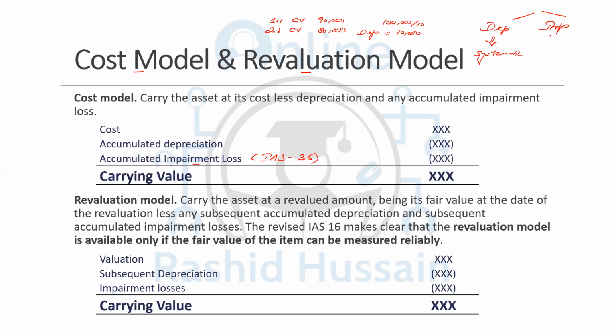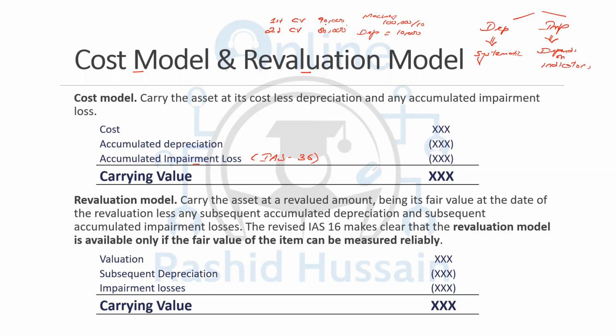And then you have the impairment. Now, impairment is not systematic and depends on indicators. For example, you're talking about this asset. Let's assume it's a machinery which you bought for $100,000. You estimated that you're going to use it for 10 years, and the depreciation is 10,000 per annum.